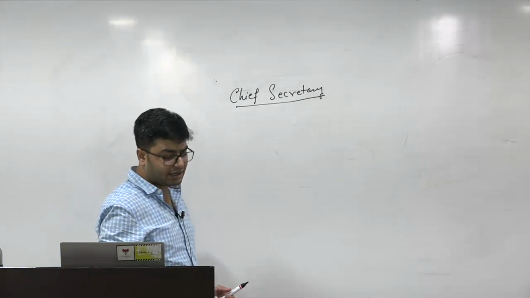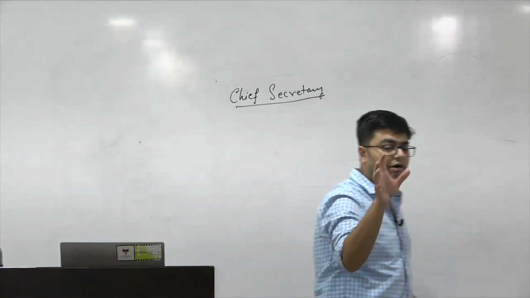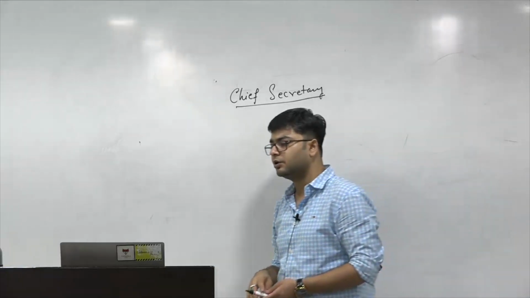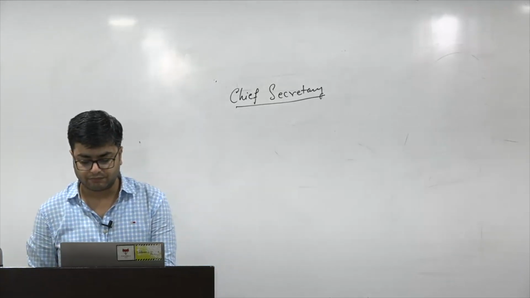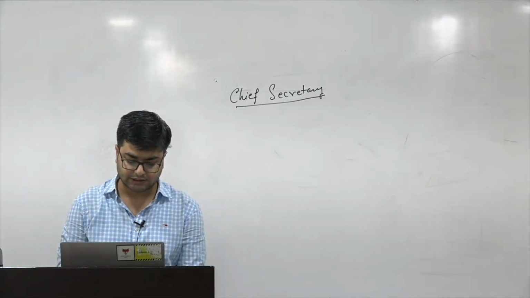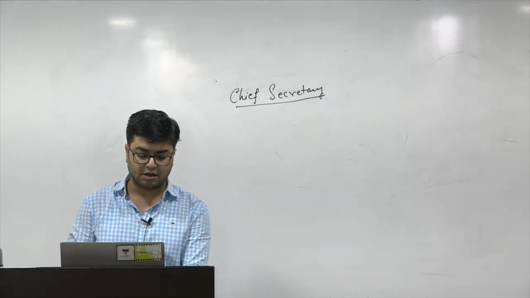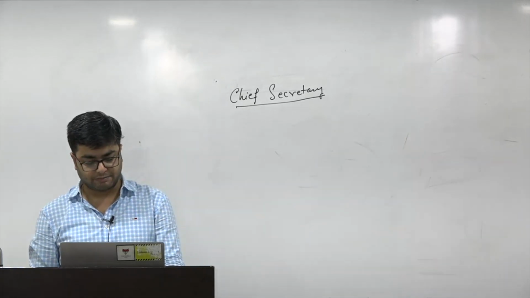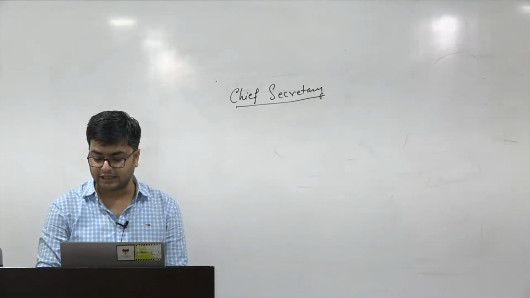Now, this basically completes the first iteration or the summary of the union and the state government. Now, coming to the second overview, wherein we'll be adding more details, taking up more sophisticated analysis.